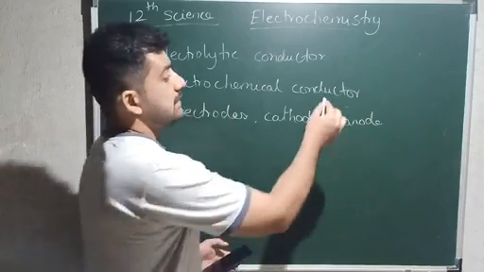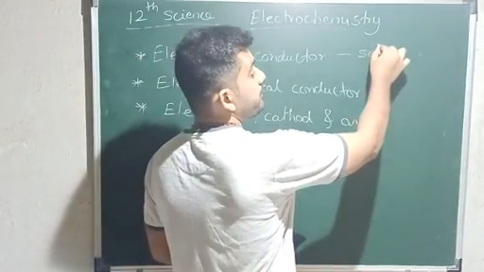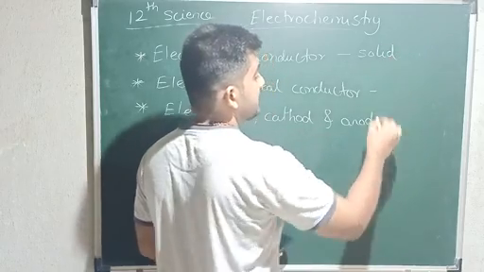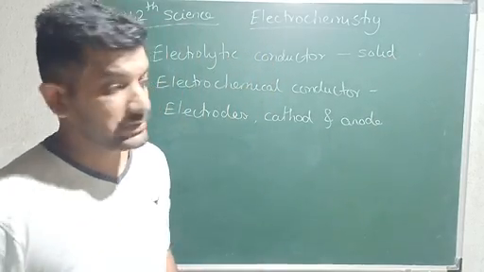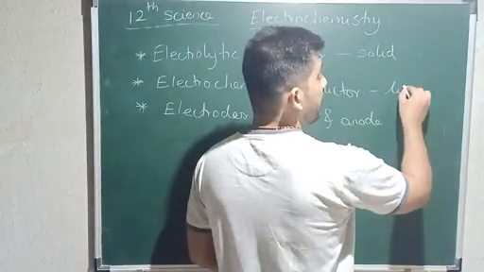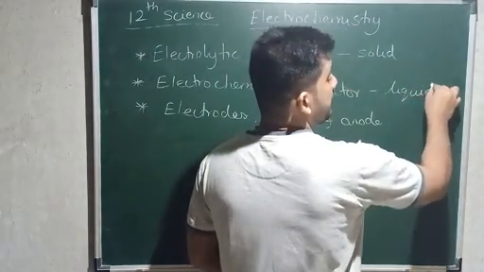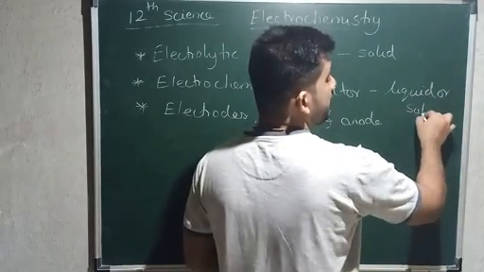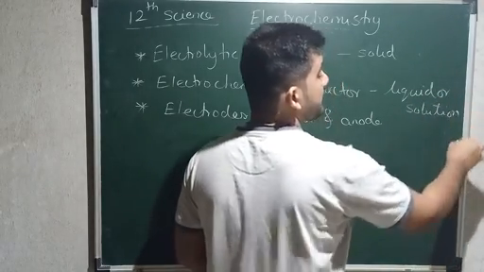Electrolytic conductors are generally solid, while electrochemical conductors are in liquid or solution state.